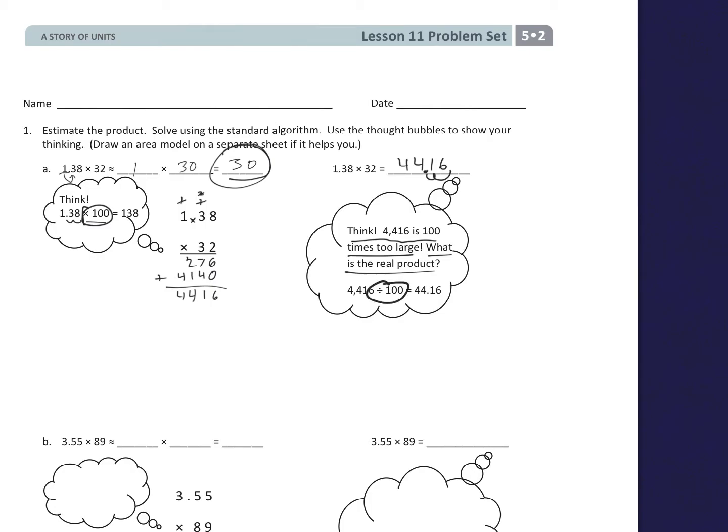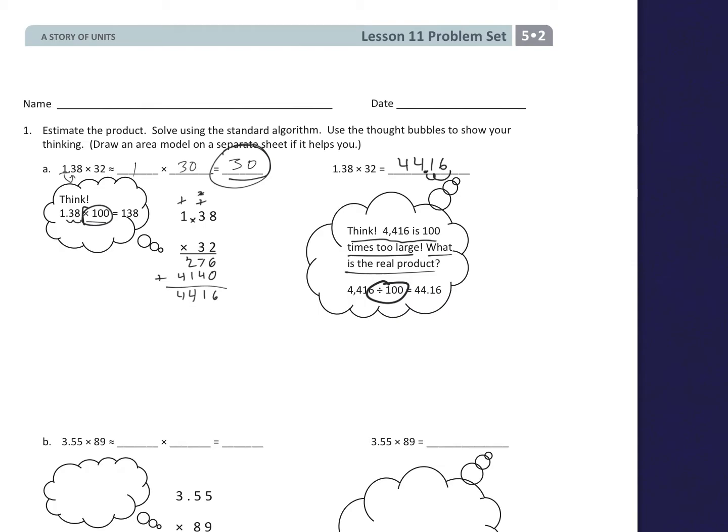So with math, a lot of times we can do something at the beginning to make it easier, but we got to remember to go back and fix it when it's done, right? So when we times 100 to make this number easier, once we're done, we got to divide by 100 to give us 44.16. 44 and 16 hundredths is a lot closer to 30, by the way, too. We can tell place value wise that this answer is going to be a lot closer than 4,416.